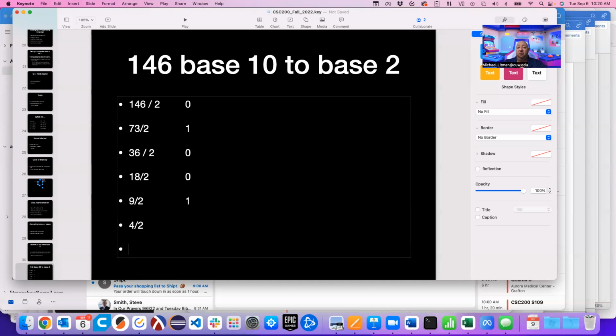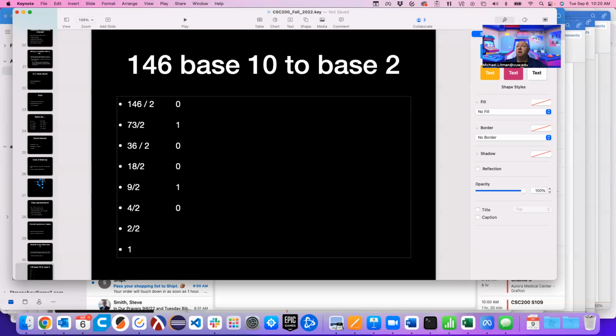4 divided by 2 is 2. 2 times 2 is 4. Remainder 0. 2 divided by 2 is 1. 1 times 2 is 2. Remainder 0. 1 divided by 2.